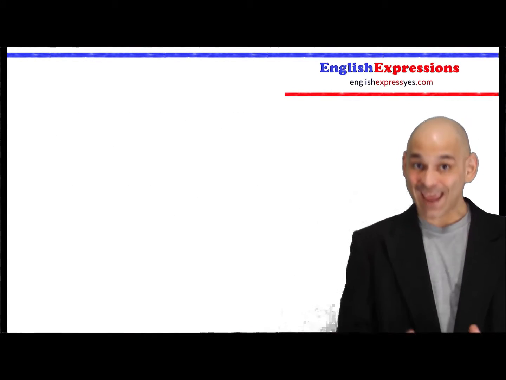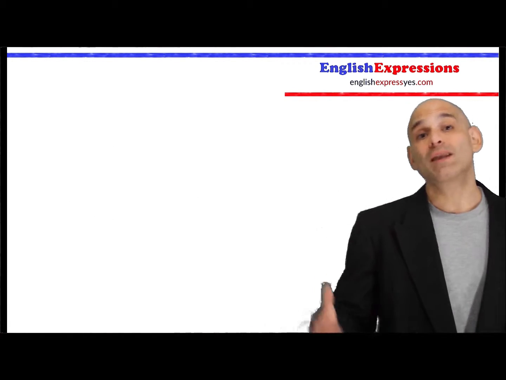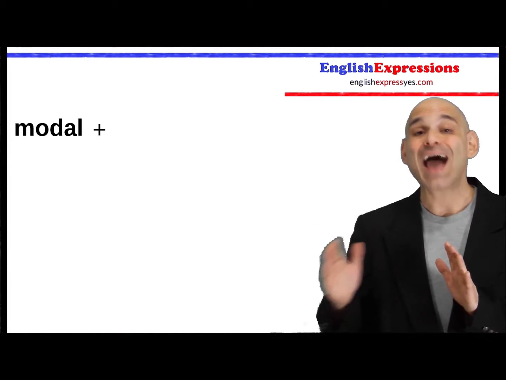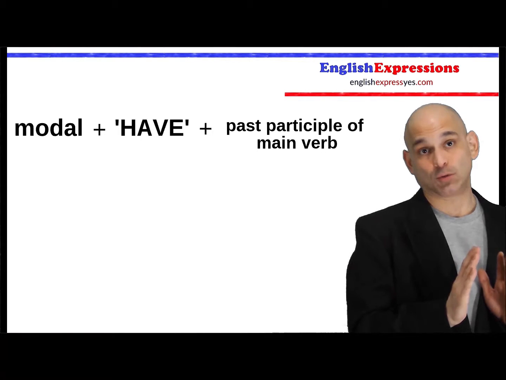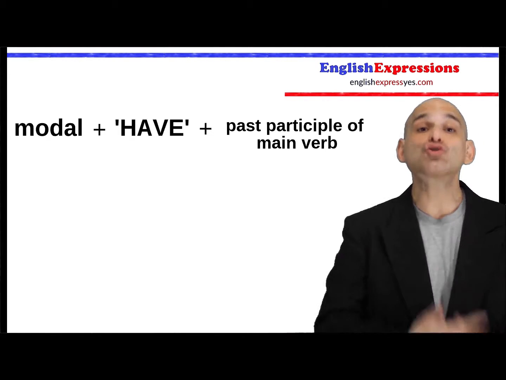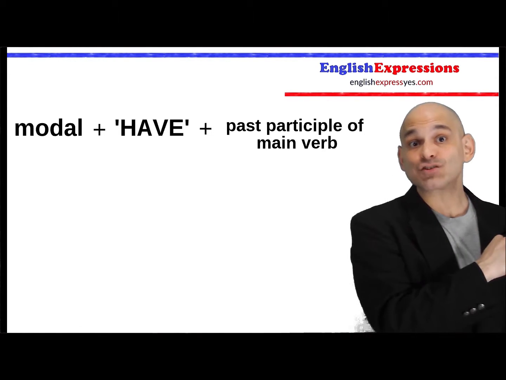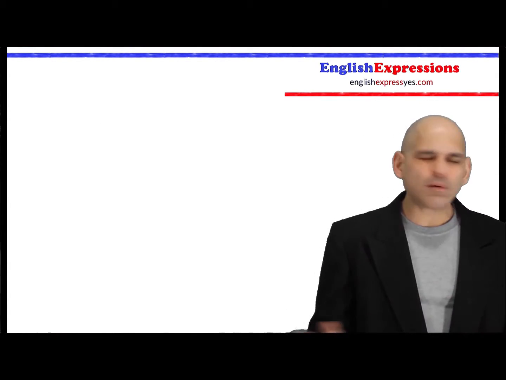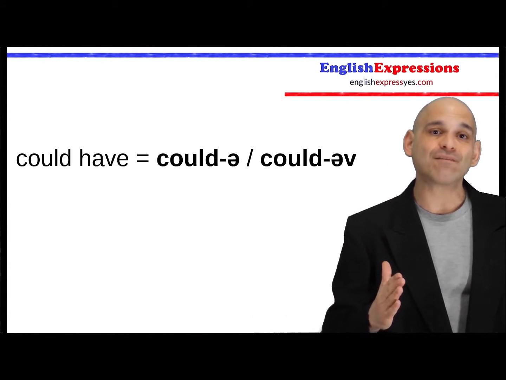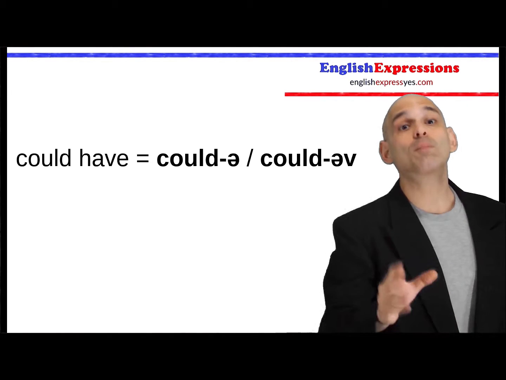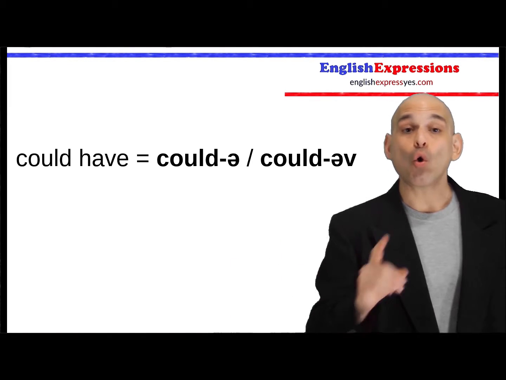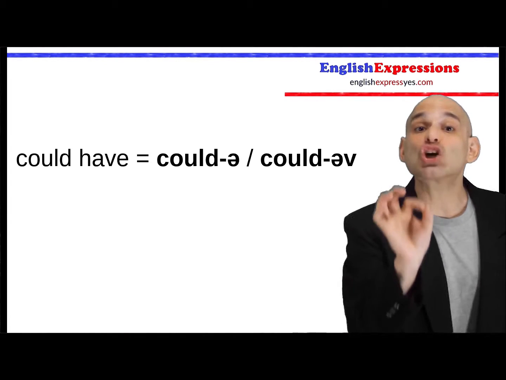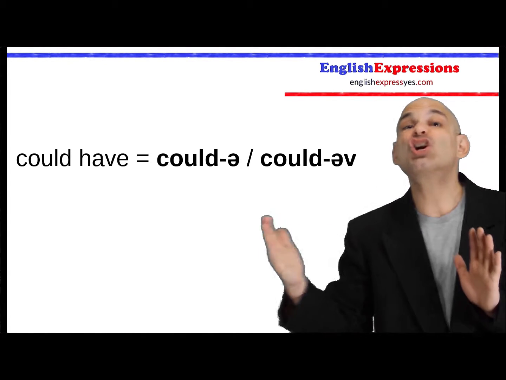All right. So today we learned how native English speakers pronounce the modal plus have plus past participle of a main verb to describe past events. So a native English speaker would probably not say could have. A native English speaker would probably say coulda. Or if the next word, the past participle, starts with a vowel, they would say could've.